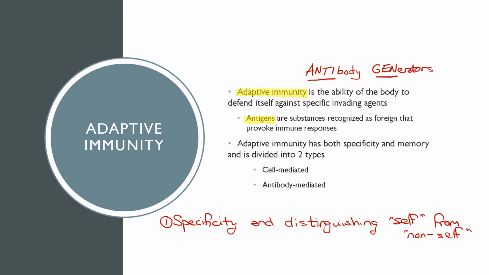So that means that your adaptive immunity will be able to determine which cells are your cells and which cells coming in are from something entirely different or another person, anything non-self.